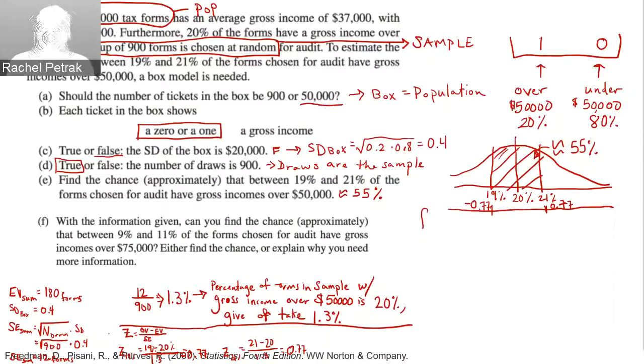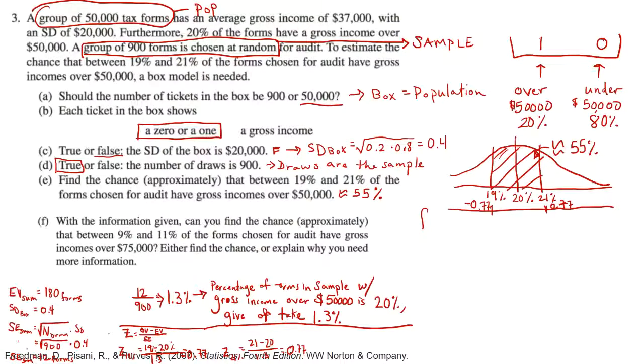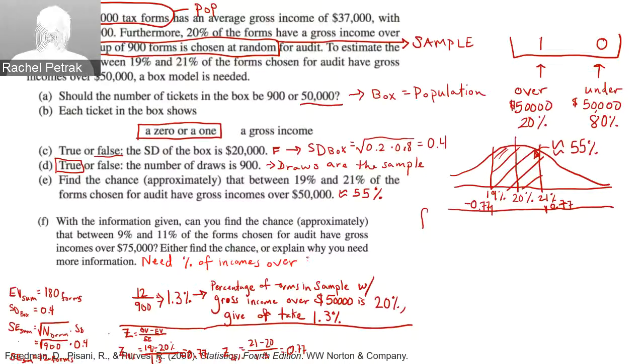F is not possible to do because we need to know the percentage of incomes over $75,000 in our population or in the box.